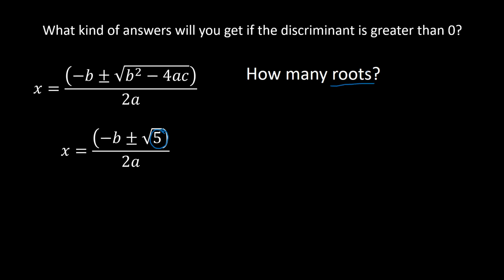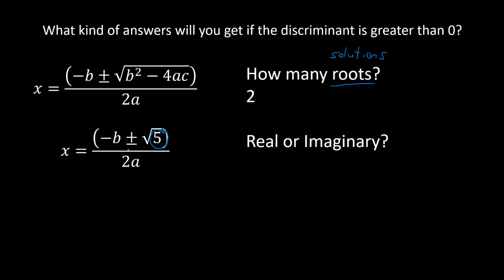Now this word roots simply means solutions. So how many solutions will this have? Well, notice we have a plus or a minus square root of 5. So because we have a positive or a negative solution, that would leave me with 2. One is positive, one is negative. So we have 2 roots or 2 solutions to this problem.